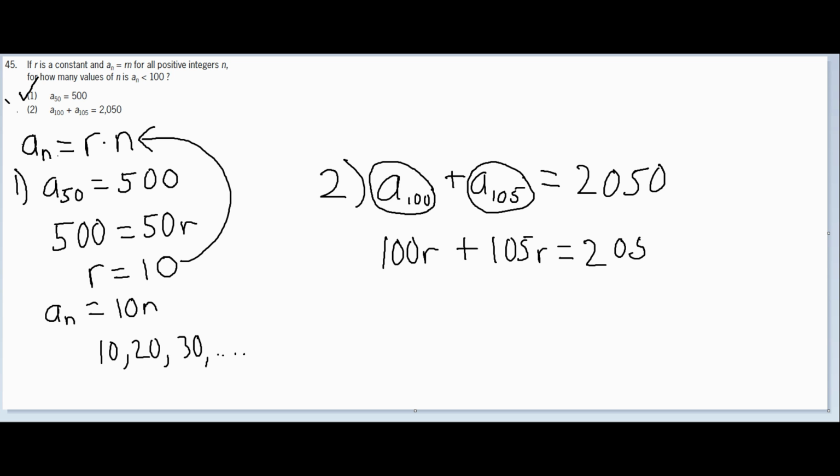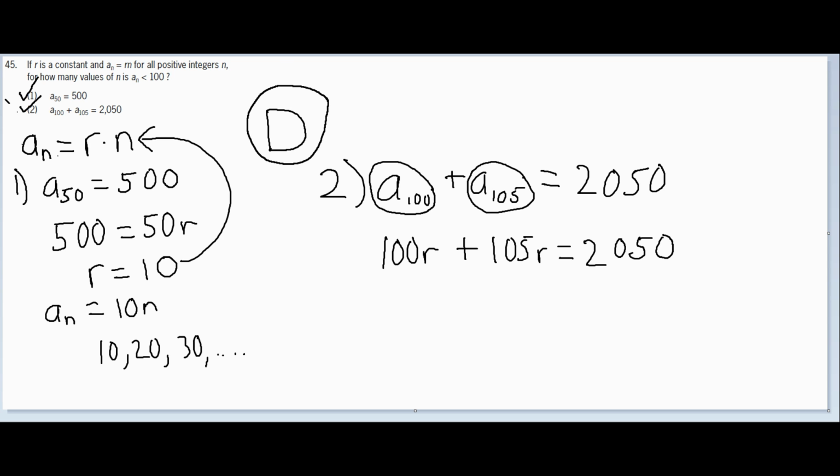And we saw from the first statement that once we know the value of r, that's going to be enough to say for sure that the statement is sufficient. So here you should be able to look at this equation and say, okay, I know if I solve this out, I'll get a value for r. So that's as far as we need to take this one, and so that means statement 2 is also sufficient. So both statements are sufficient on their own, so that means the answer is D.